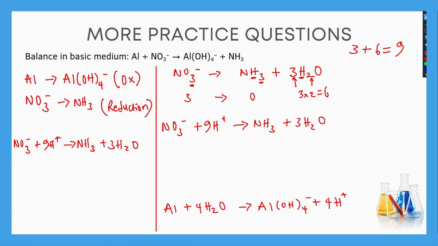And then for the second equation, we have Al plus 4H2O, giving us Al(OH)4 minus plus 4H plus. Now that we've done that, the next step says to balance charges by adding electrons to the appropriate side. So let's do that very quickly and see how that plays out.